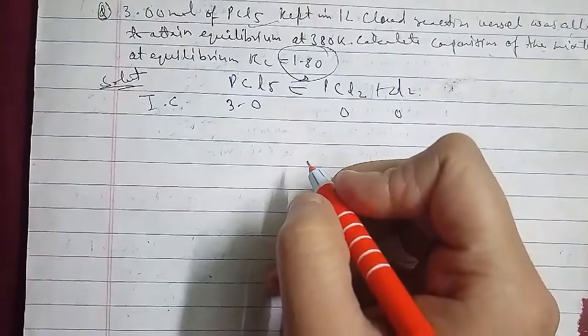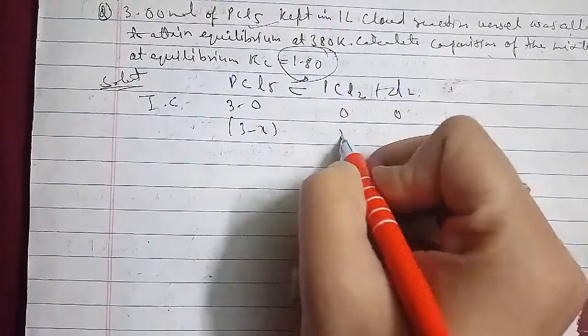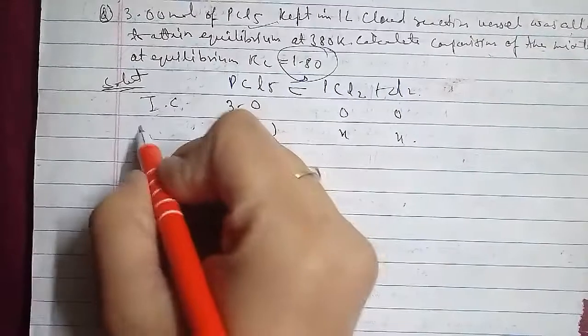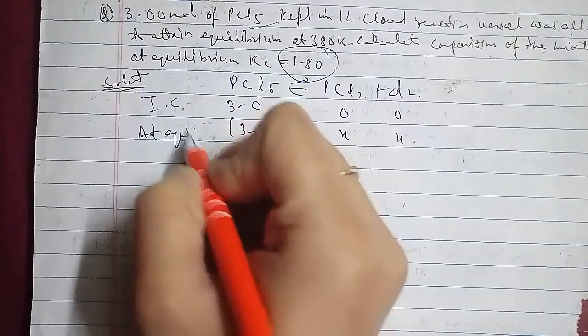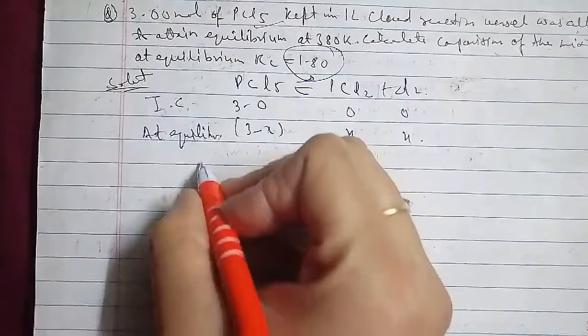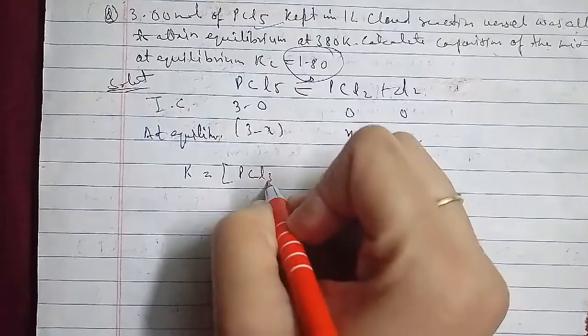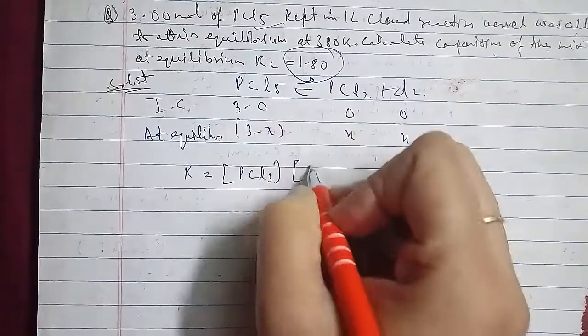Now we'll find the value, K equals PCl3 times Cl2 upon PCl5. So we put the values: 1.8 equals x square upon 3 minus x.